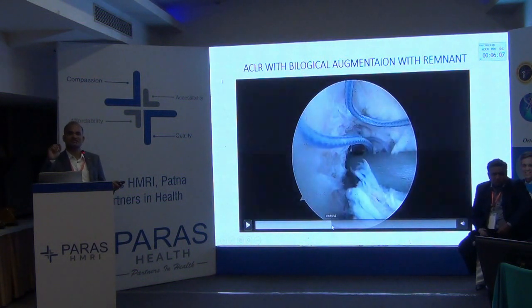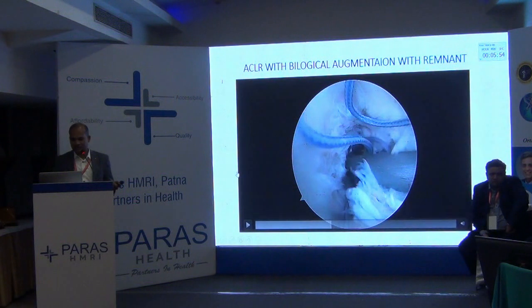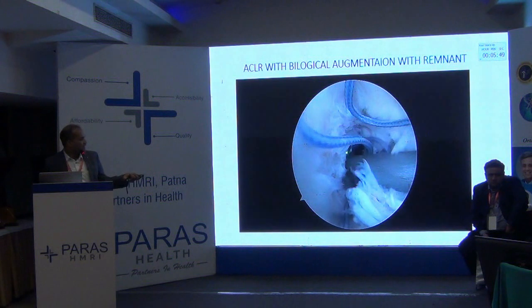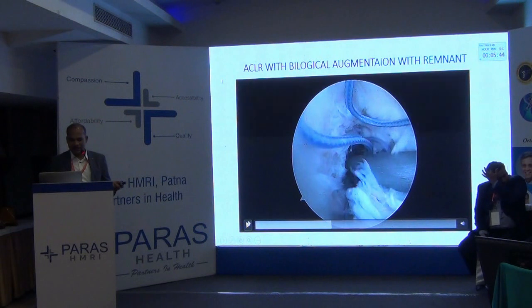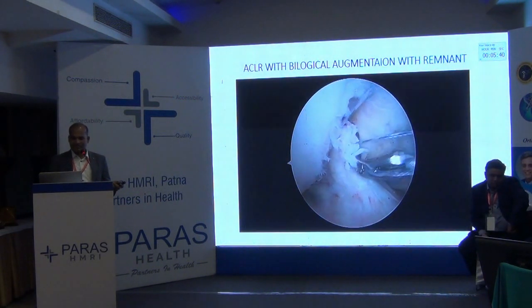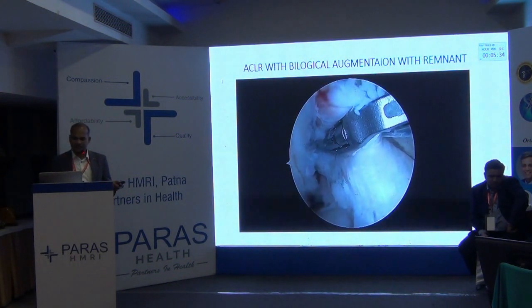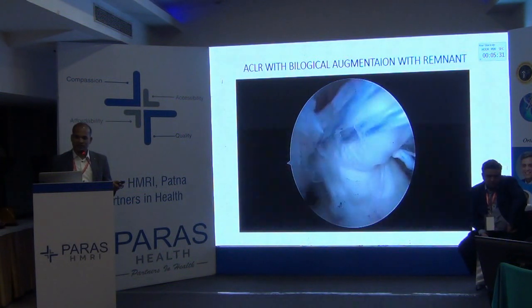This is a 2.6 millimeter tag, usually used for the shoulder, by Arthrex. This is the cannula for its insertion, very low profile. This anchor is usually used for the Bankart repair. Just behind that is the tunnel of the ACL, and for the repair part I have taken this fiber tag here, you can see, with its two threads, and with the help of this Scorpion I am taking a bite in the remnant ACL.